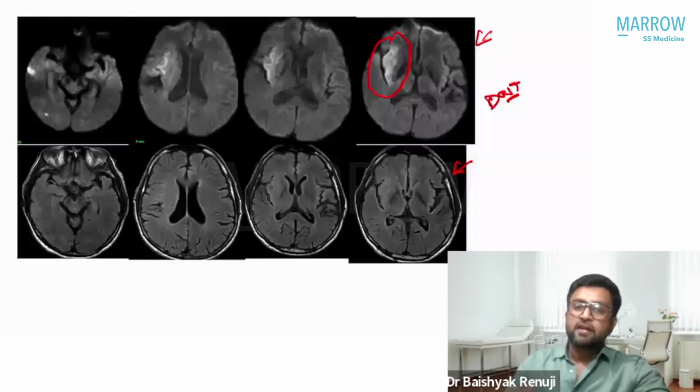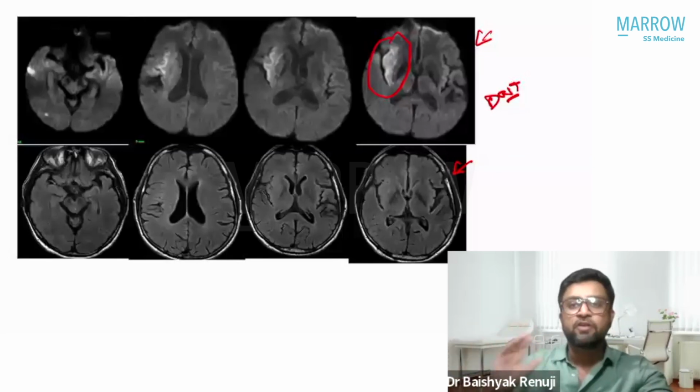So there is certain tissue which is definitely not functioning. That is a time deficit. But on diffusion, it is not totally infarcted. The tissue is not gone. That means there is tissue which is still alive, having electrical failure but not cell failure.